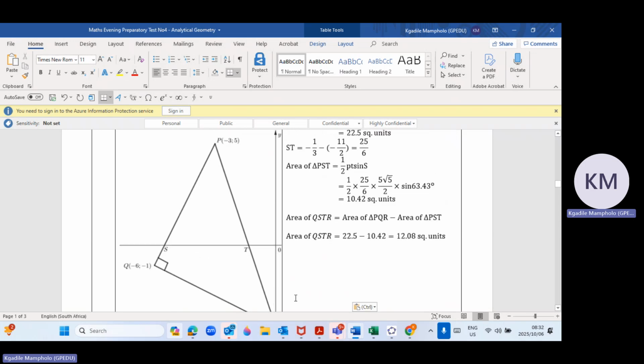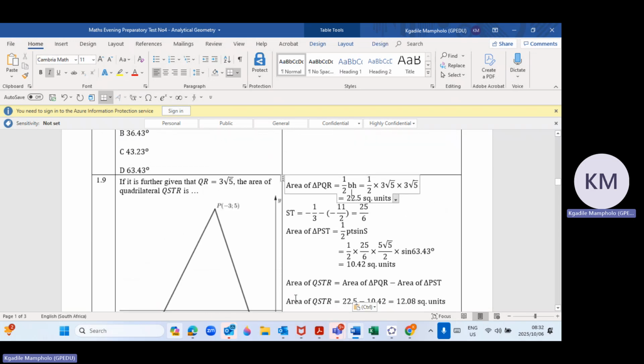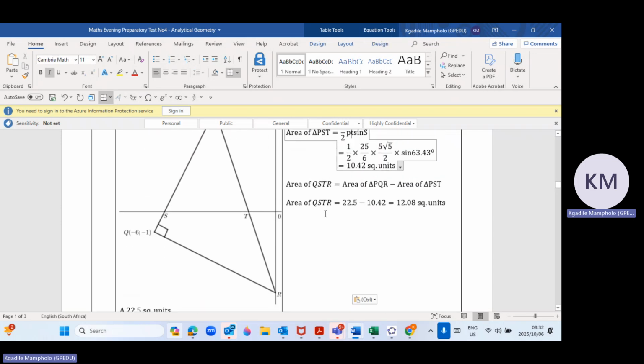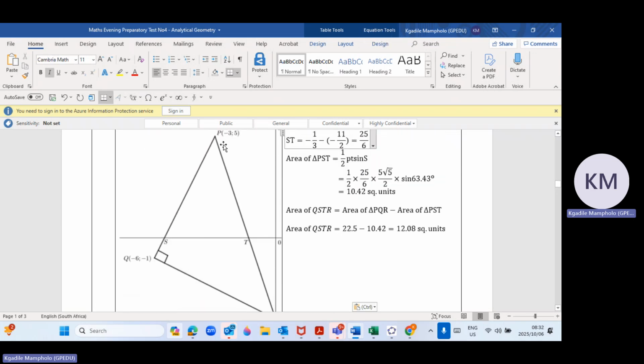So since we calculated the angle of inclination, first we'll say the area of triangle PQR, which is the bigger triangle, is half base times height, because PQ is perpendicular to QR. So it means we'll say half PQ times QR.